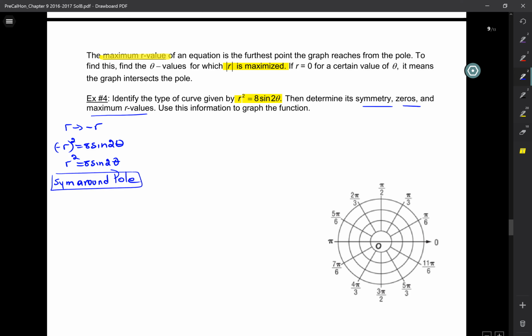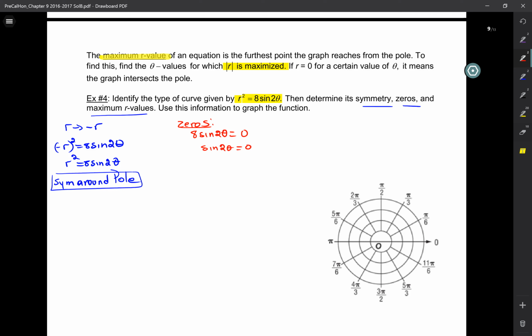All right, so what else do we need? We need the zeros of this, right? To find zeros, we do what we always did. So 8 sine 2 theta is going to equal 0, right? How do we solve this one? Sine of 2 theta is equal to 0. Where is sine 0?